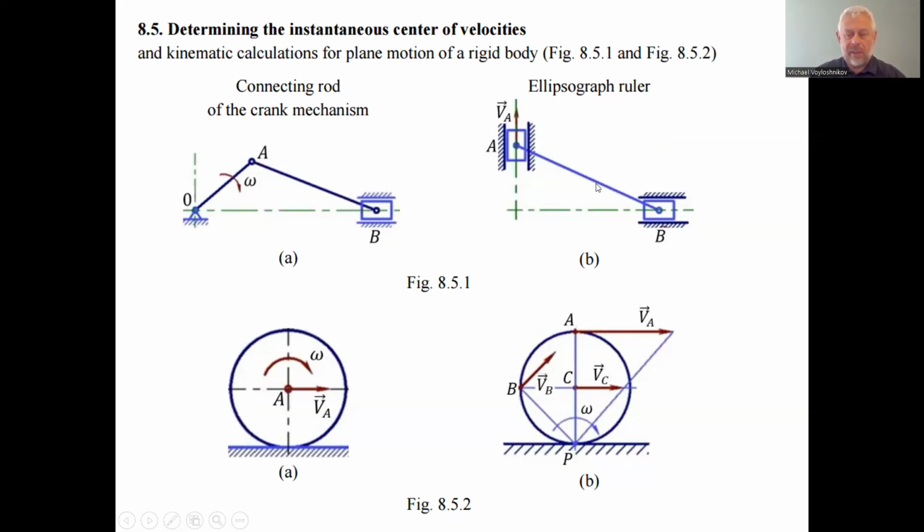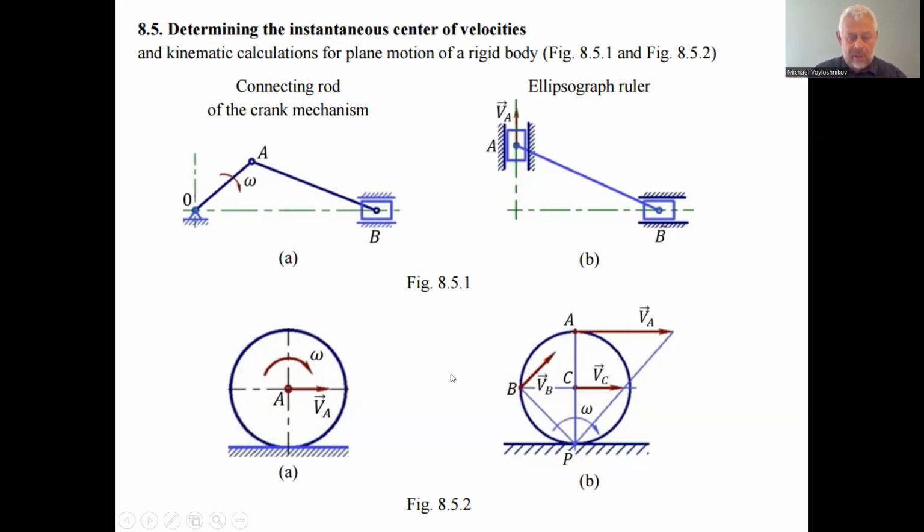So with these two velocities we can find all other elements with the velocity assigned, for example VA. We can find the angular velocity of this connecting rod. We can find the velocity B having the point of the intersection of two perpendiculars here, which is the instantaneous center of the velocities.